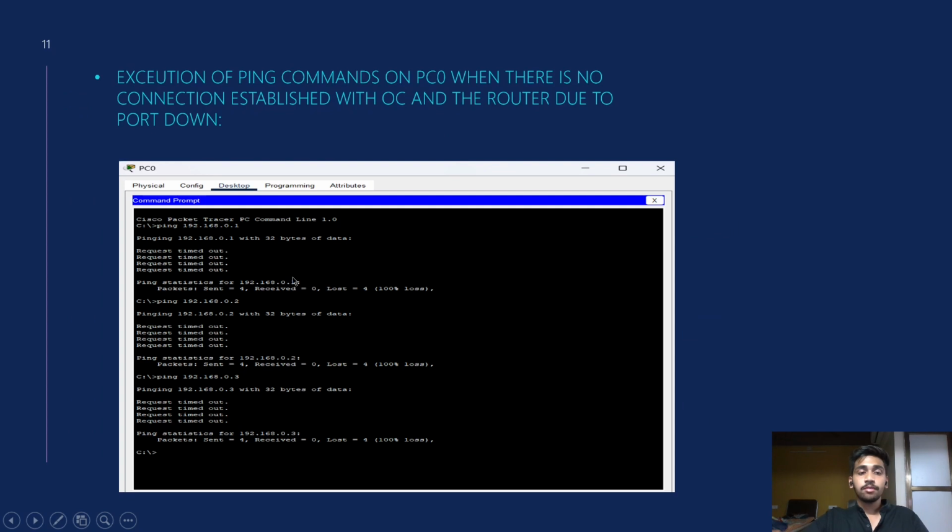As you can see, from PC 0 we ping 192.168.0.1. Here, pinging, as we can see, there is 100% loss. That means that no reply is being obtained from the virtual IP. You can see the same for PC 0 to 0.2 and 0.3.